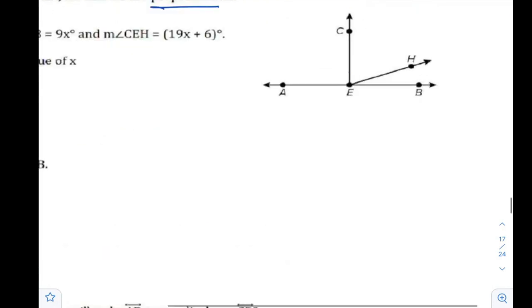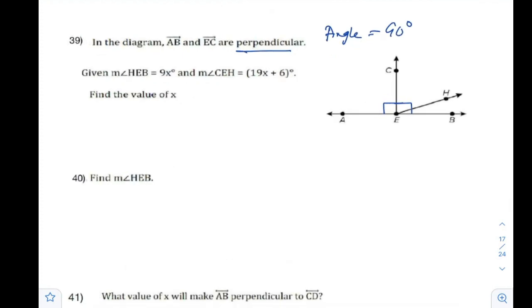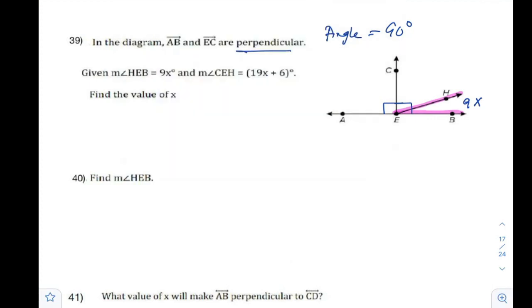So that means this is 90 and surely the one next to it is 90 together. So given that angle HEB, I follow the line to know what he is talking about, HEB, which is this one, is 9x. Another angle we have is CEH, this one.